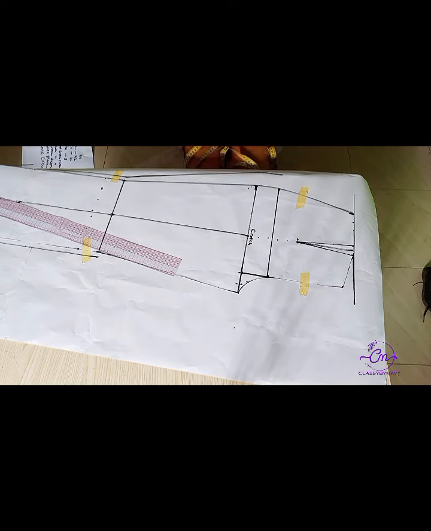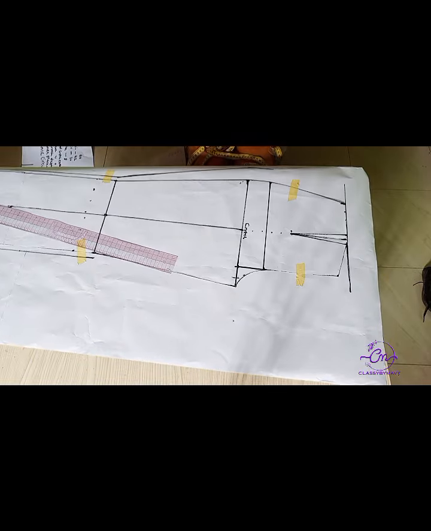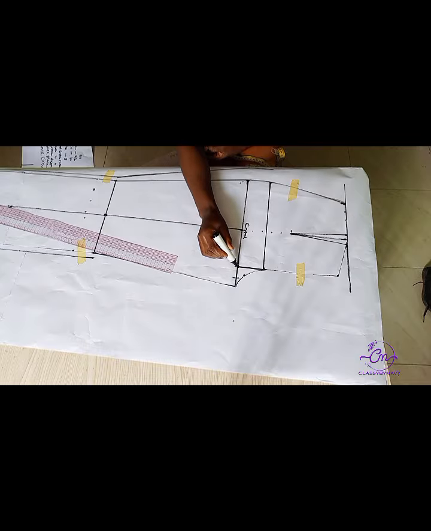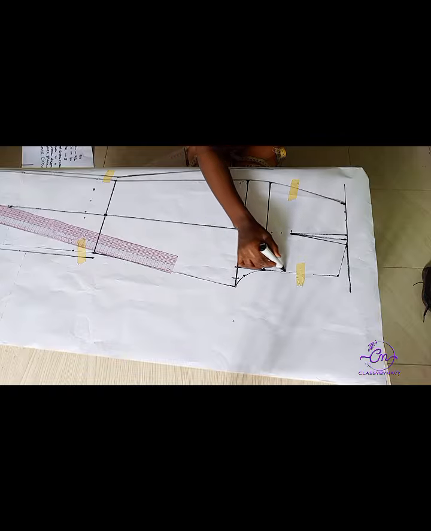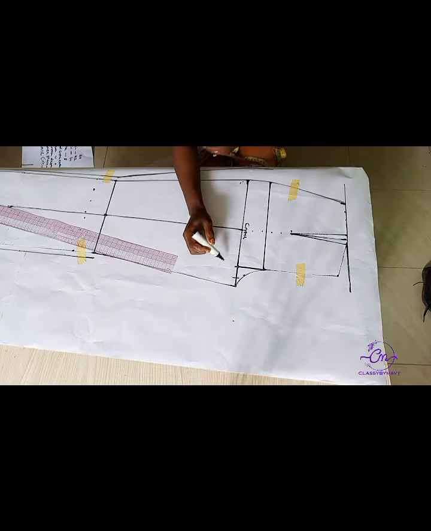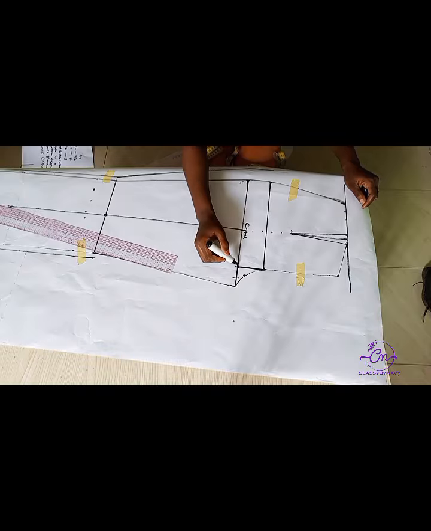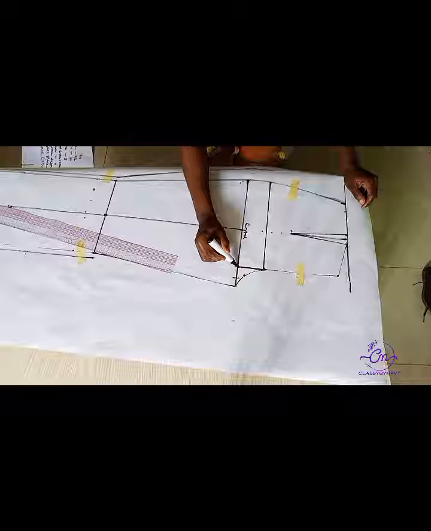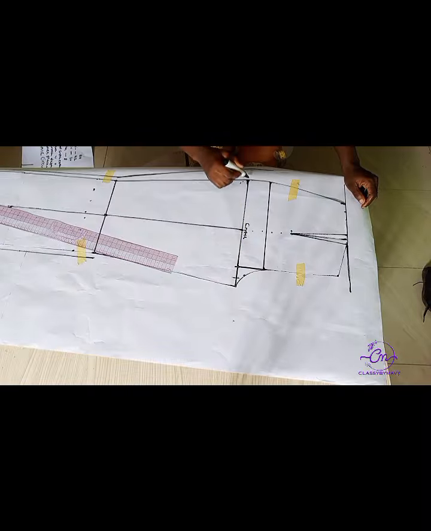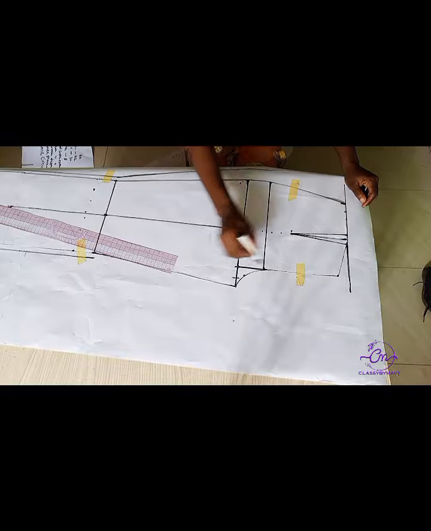For the back crotch extension, before you input the measurement of the back crotch extension, you will have to mark 1 inch back from this line. You know our original line that we formed earlier, while we were drafting this original line, we used the crotch depth divided by 4 to get our square here, here, here, and here, okay?